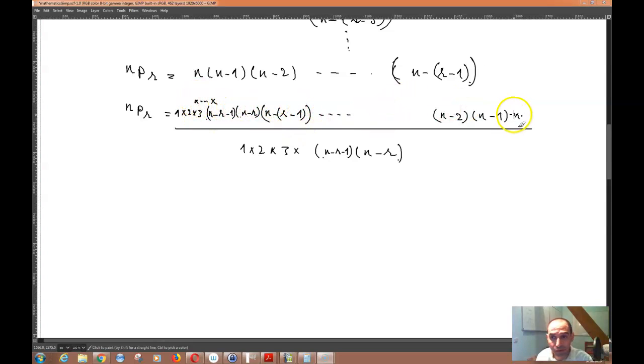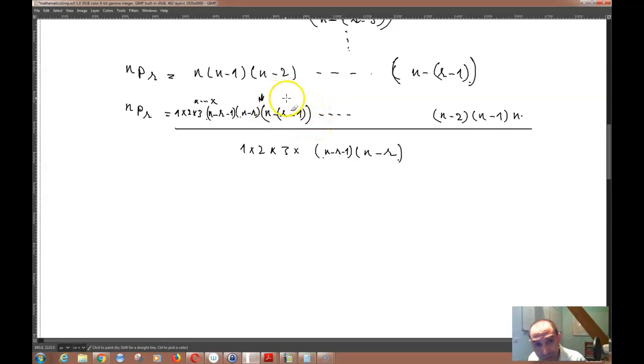So now, as you can see, this expression up here is actually nothing but n factorial, because what we did was we figured out all the terms that were missing, all the way up to this term over here that we already had, and then we multiplied all of those terms by the original terms that we had.